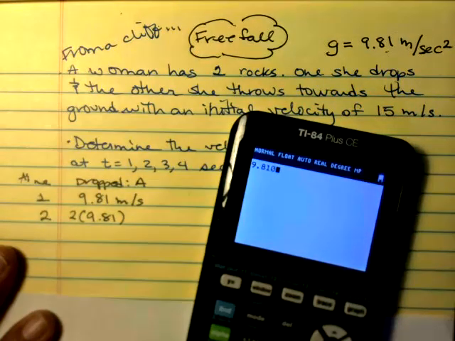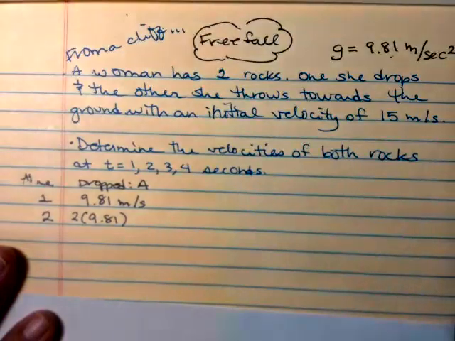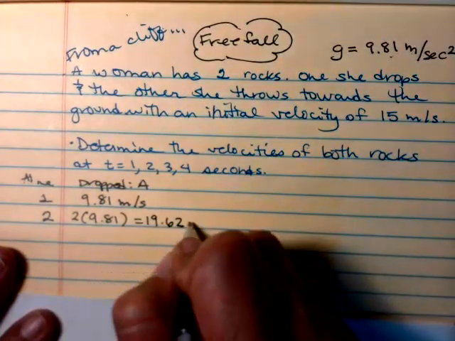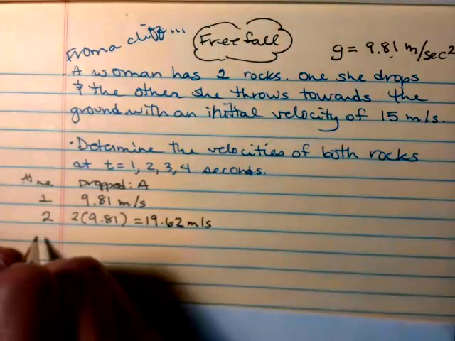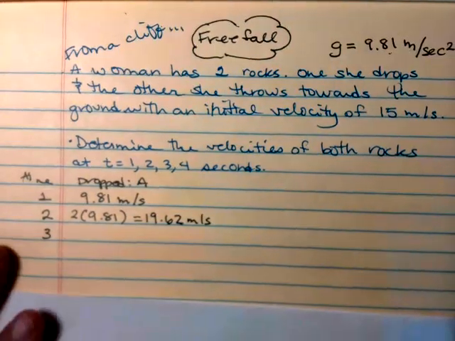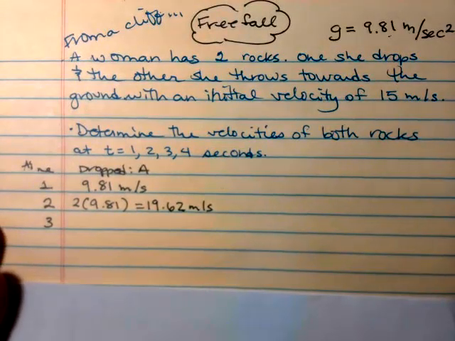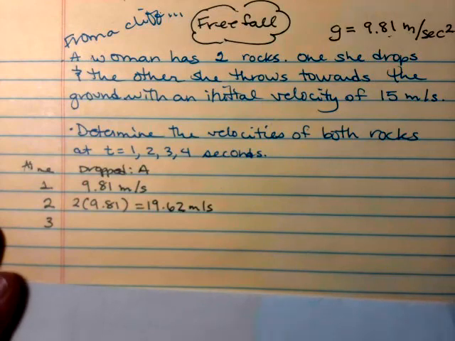So 9.81 times 2 is 19.62 meters per second. You really need to be careful about keeping your units on your answers in physics classes. It makes a big difference what you have. It also helps keep you grounded and right in what you have.